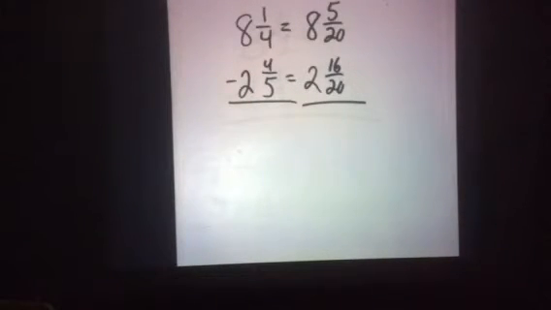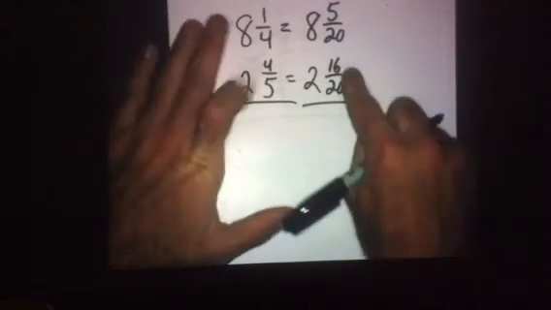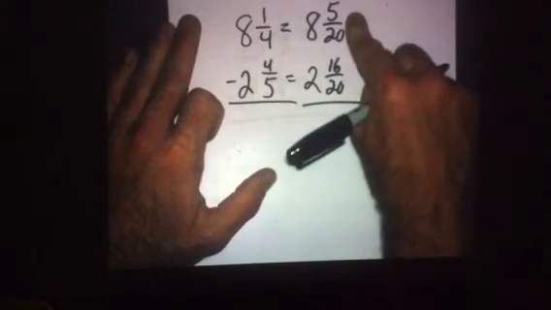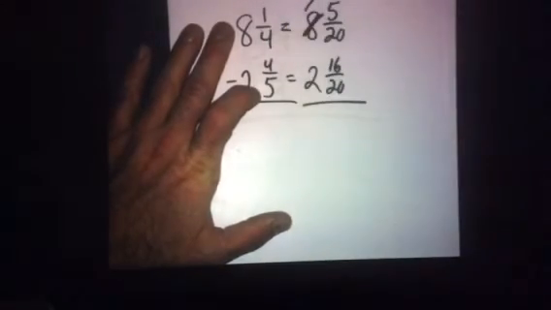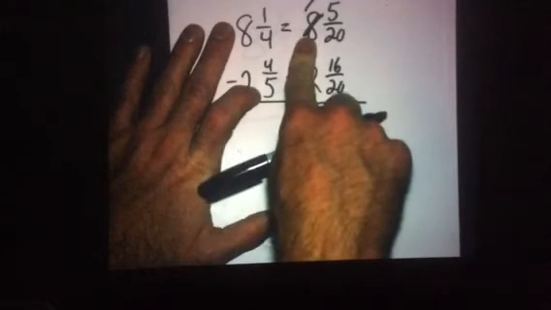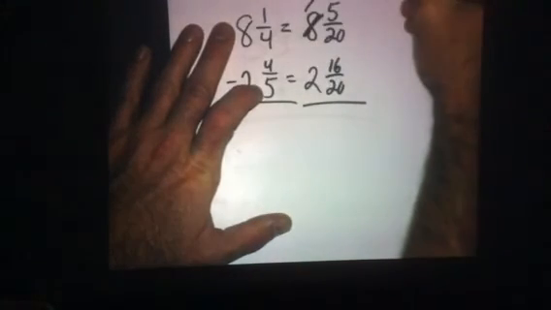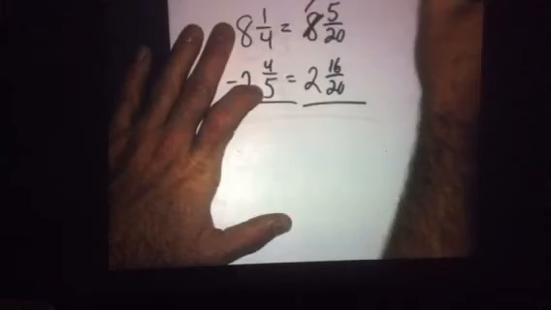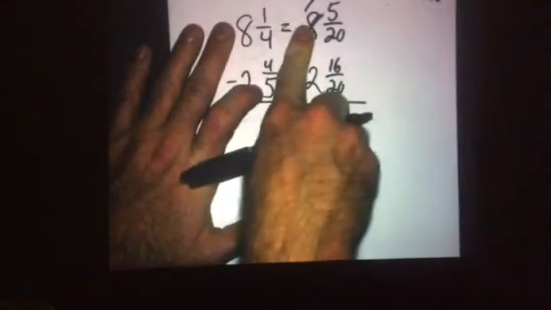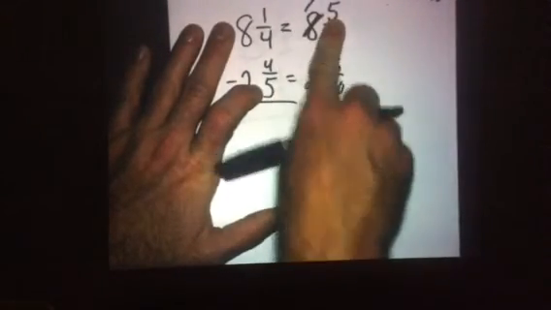But again, I have this same problem I had before. I can't take 16 away from 5. It's just not possible. I don't have enough. So I've got to borrow from the whole. I had 8 wholes. Now I'm going to have 7. Now, that whole was made up of 20 twentieths. So when I trade in that whole, I put the 20 over here.